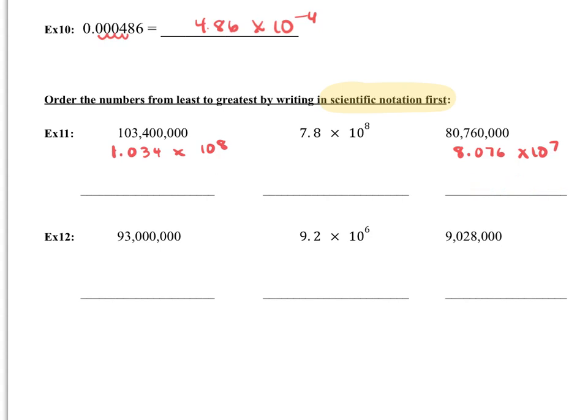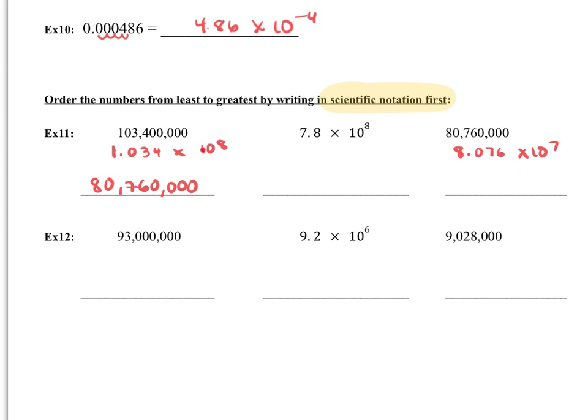I just put it there by accident. So I would put that over here. 80,760,000. And even though I changed it to scientific notation in order to compare them easily, I'm writing it in the notation that it was given to me. And this number was given to me in standard notation.